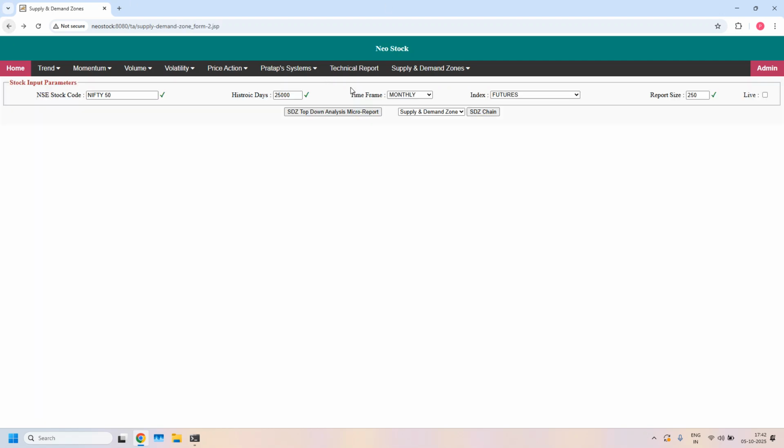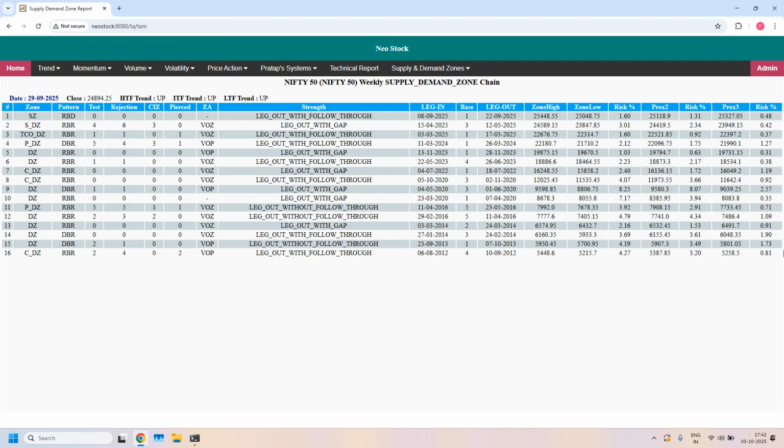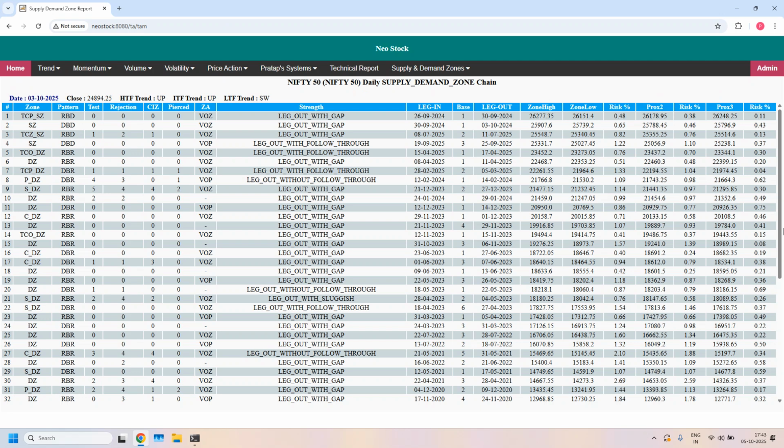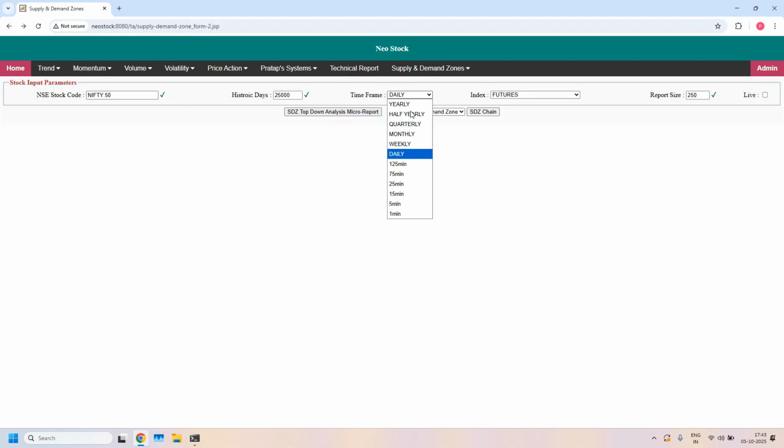Okay, next, generating a weekly supply demand zone chain for Nifty. Next, generating a daily supply demand zone chain for Nifty. Next, generating 125 minutes supply demand zone chain for Nifty.